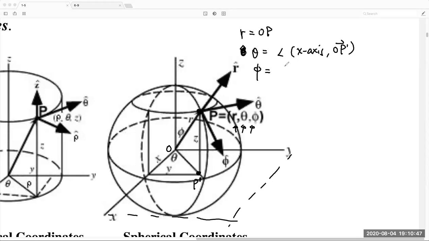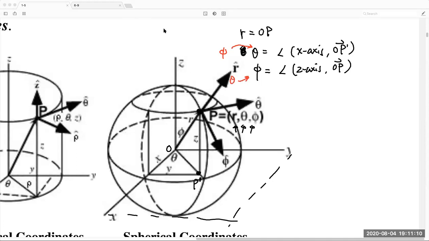Phi is the angle defined between the z-axis and the vector OP. Just something you need to remember: in some textbooks, they use phi to represent this angle and theta to represent the other angle.